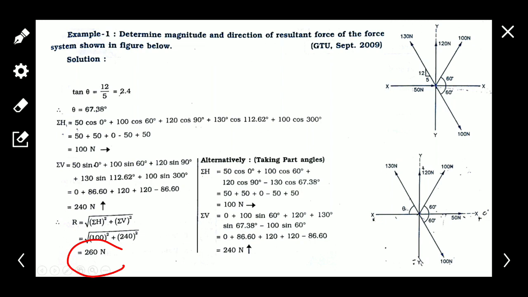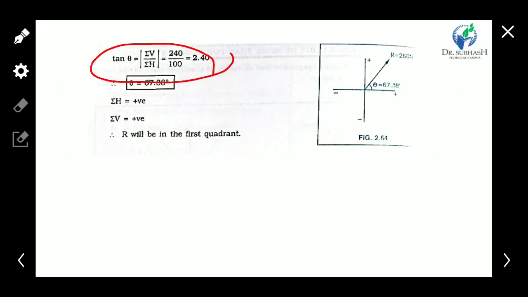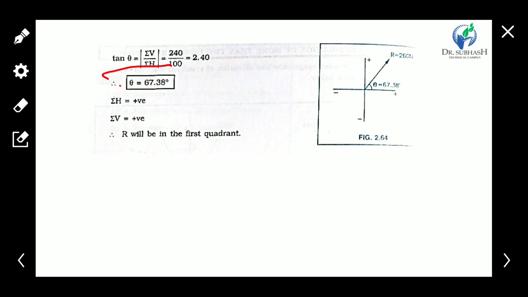Now, we know how to find the theta of the resultant with the horizontal: summation of vertical upon summation of horizontal, 240 and 100, and we consider the pure value, not considering the sign here.